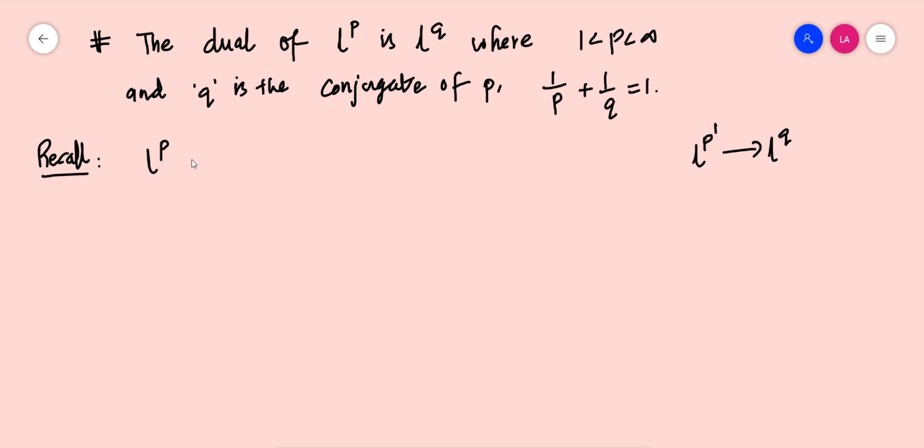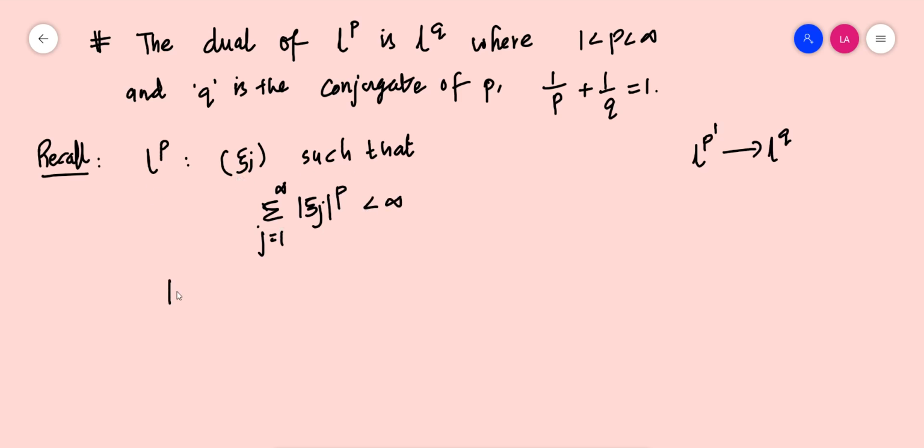The LP space consists of sequences such that the summation j equal to 1 to infinity, modulus of zeta j raised to p, is finite. If this series is finite for a sequence, then that collection of sequences belongs to the LP space.